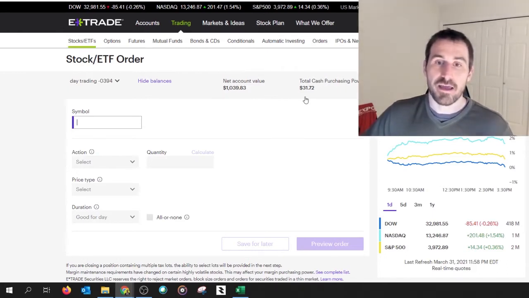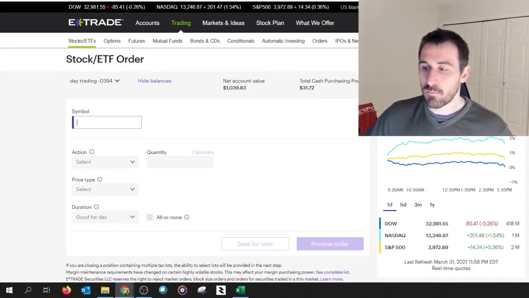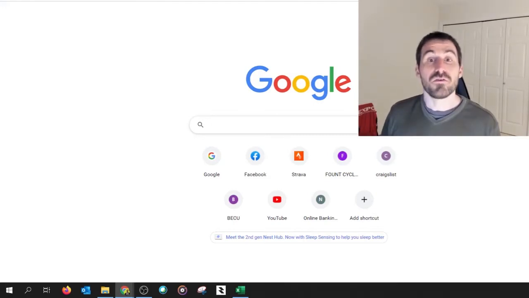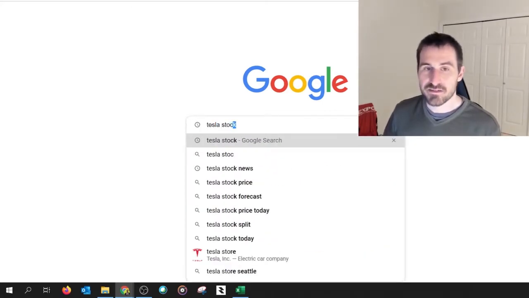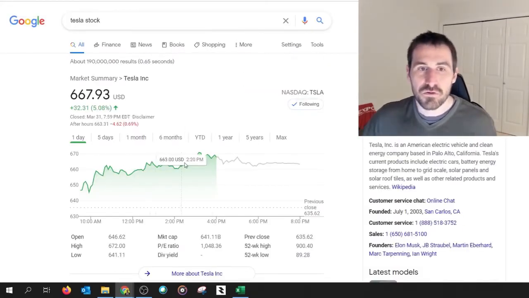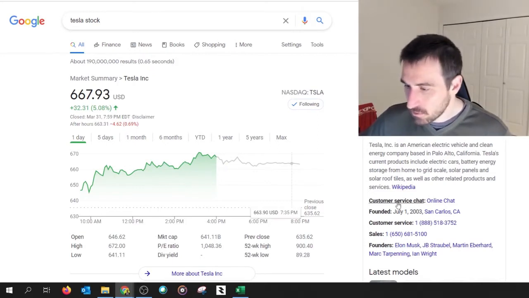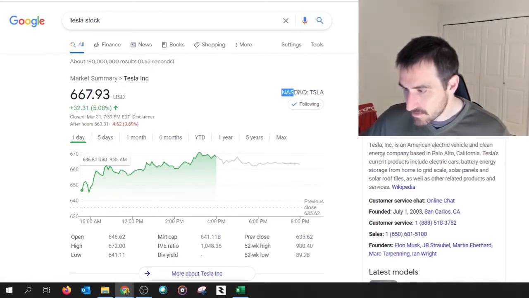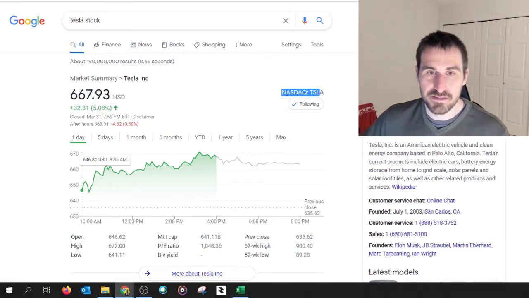The next thing you're going to want to do is, of course, determine which stock you want to buy. If you don't know the symbol, that's totally fine. The easiest way is to Google it. Say you wanted to look up something like Tesla, and you didn't know what it was called in ETRADE. You can just do a simple Google search, something like Tesla stock. Google will bring you right to it, and you can look right here for the NASDAQ symbol for Tesla.